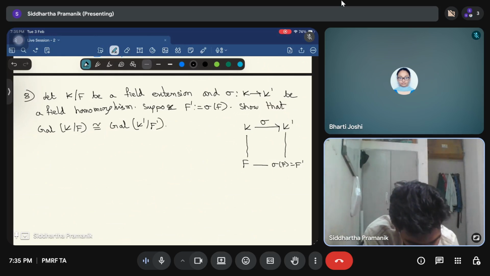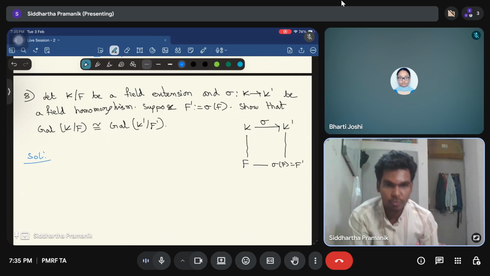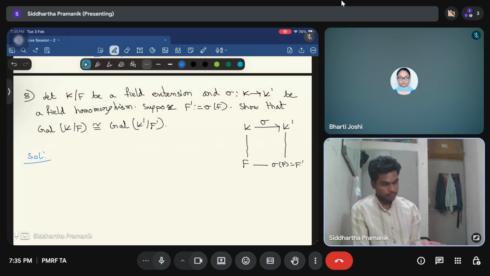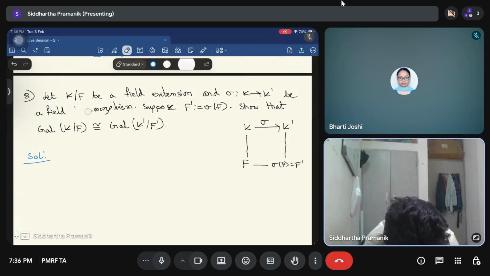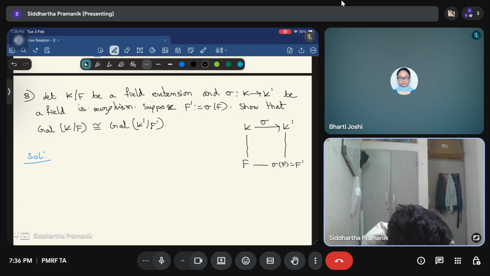So these two Galois groups will be isomorphic. Okay, I hope you have understood the question. Sorry, we need sigma to be a field isomorphism. Otherwise, it will not be true. So this is an isomorphism.